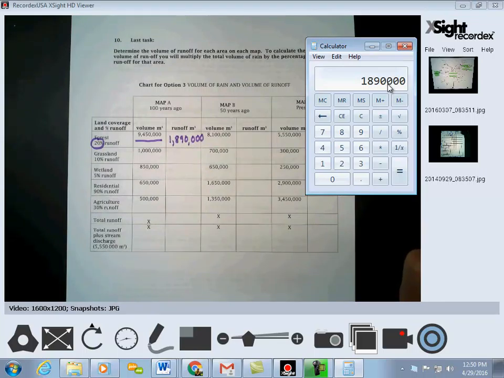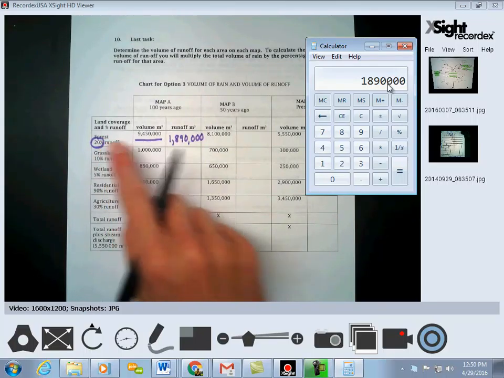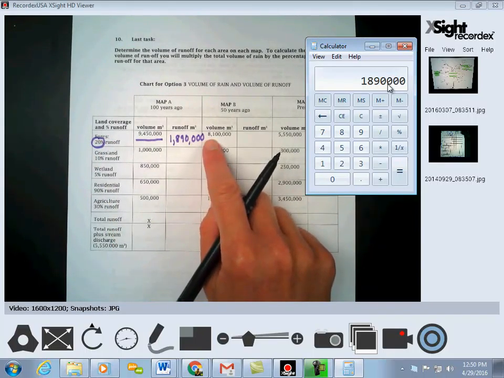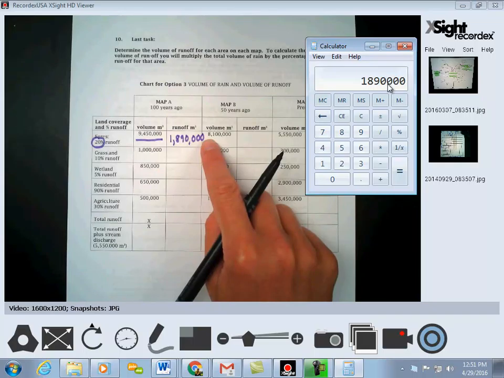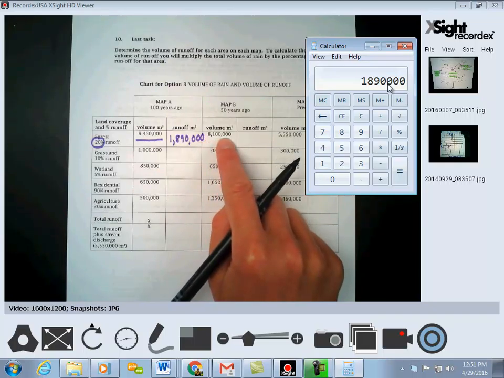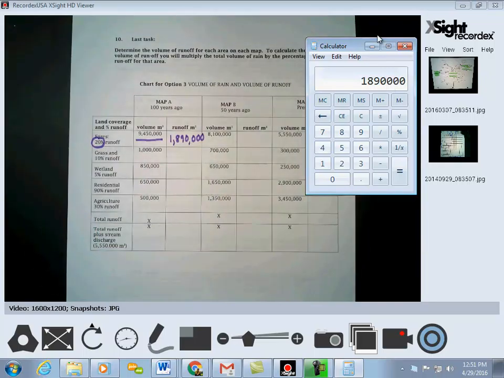Now looking at map B, you have the forest, but because the amount of forest has changed, we're going to figure out how much runoff is from water with a volume of 8,100,000. And we're going to still multiply that by the 20%.